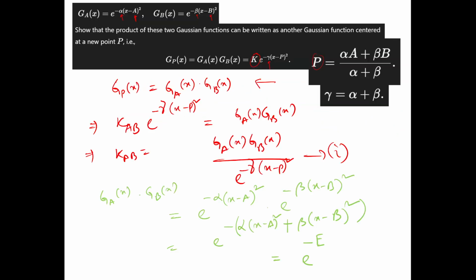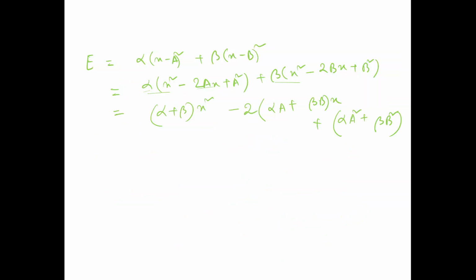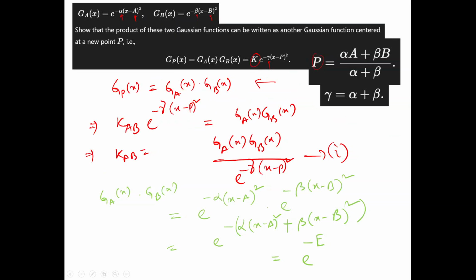Now, given this information that your P is alpha A plus beta B divided by alpha plus beta, and gamma, the total exponent, is alpha plus beta, let's expand this term, this Gaussian G_P(x) actually.